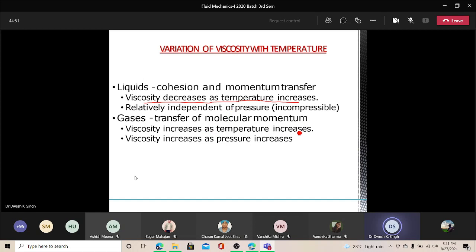But gas is just the opposite. Viscosity increases as temperature increases, and viscosity increases as pressure increases, because when the pressure increases the gas gets compressed, and then the viscosity increases. So these two phenomena are generally found with the variation of temperature.